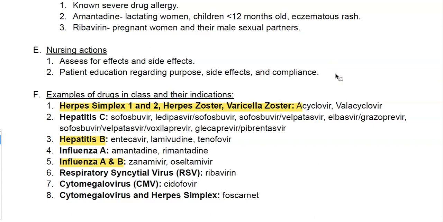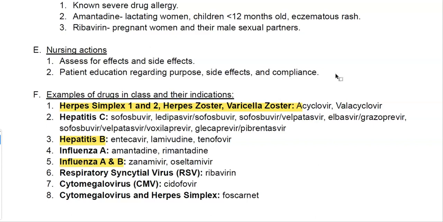Examples of drugs in this class and their indication include the following. Medications to treat herpes simplex 1 and 2, and then herpes zoster and varicella zoster, are your acyclovir and valacyclovir. For hepatitis C, we use multiple combination drugs and antivirals.